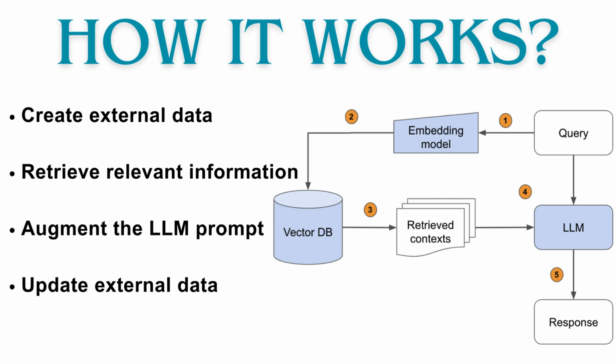So the second step is to retrieve the relevant information. It is to perform a relevancy search. The user query is converted to a vector representation and matched with the vector database. For example, consider a smart chatbot that can answer human resource questions for an organization.